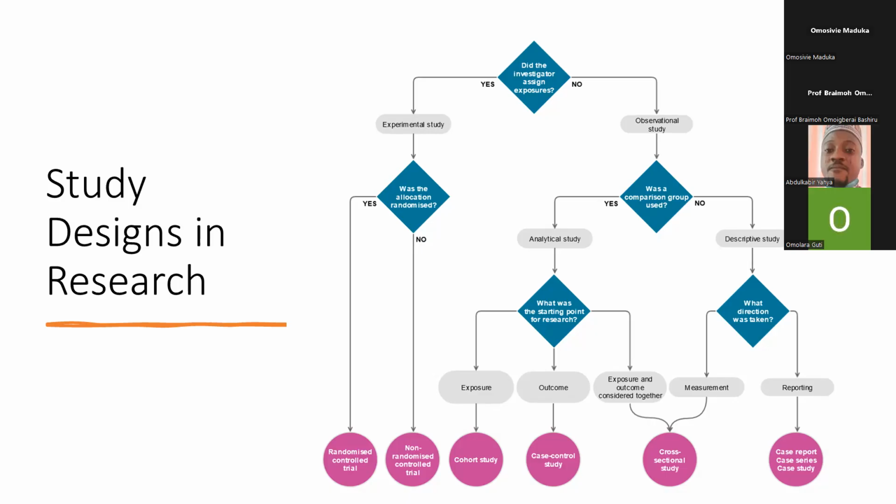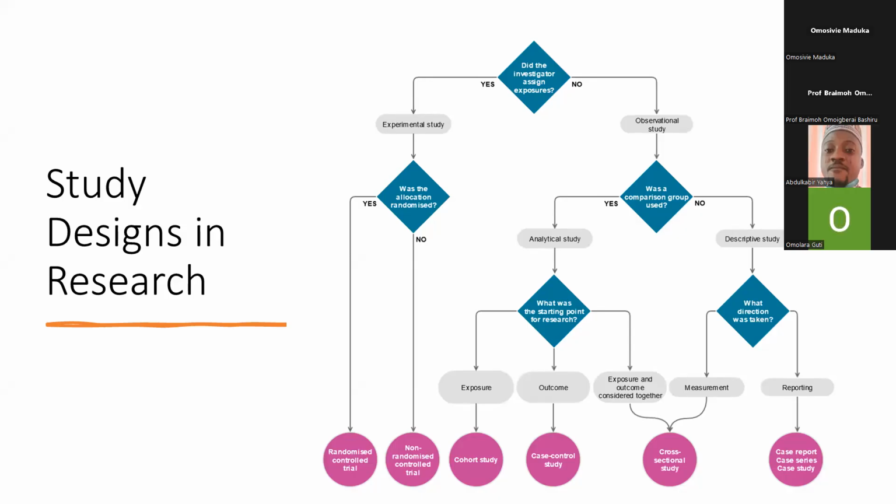If the allocation to intervention or control group was randomized, it was left to probability, it was left to chance, a probability method was used, and it wasn't by the decision of the investigator, neither was it by the decision or desire of the study participants, but it was only probability methods that decided whether they would get into the intervention or the control group. You have yourself a randomized control trial.